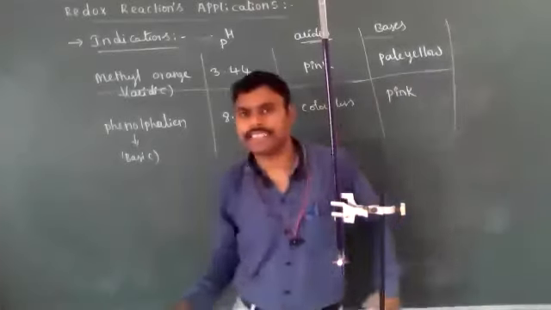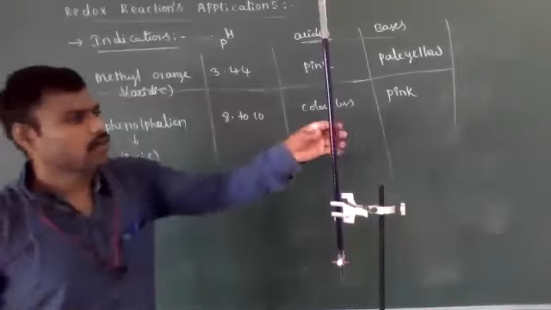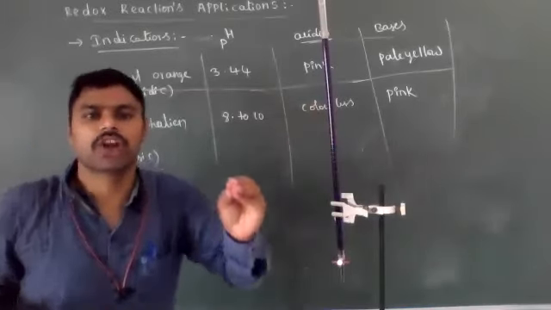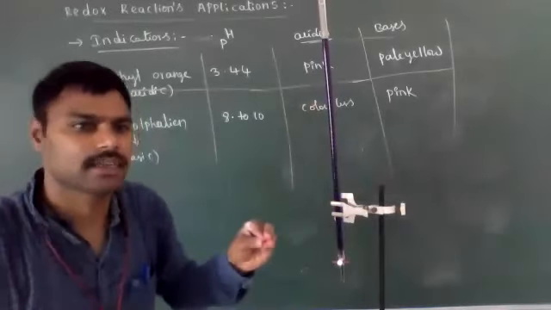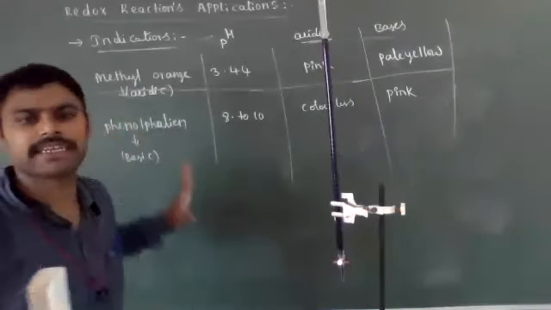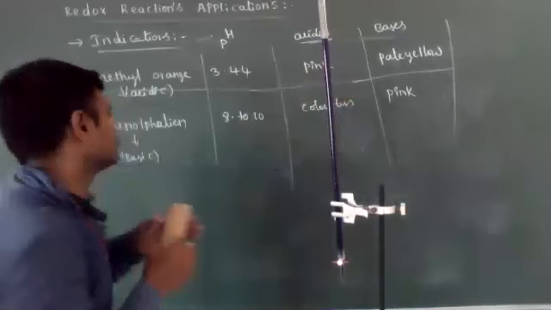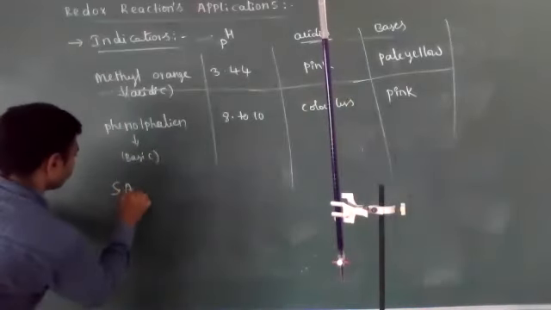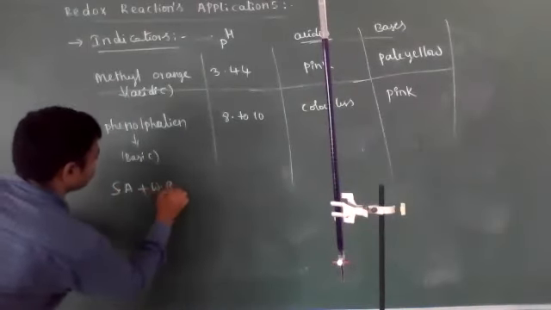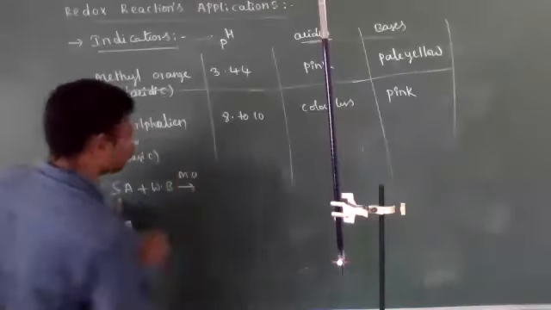So, methyl orange indicator or phenolphthalein indicator. Whenever we do this volumetric analysis of strong acid versus strong base, we can use any indicator, methyl orange or phenolphthalein. For strong acid versus weak base titration, we need to use methyl orange indicator only.